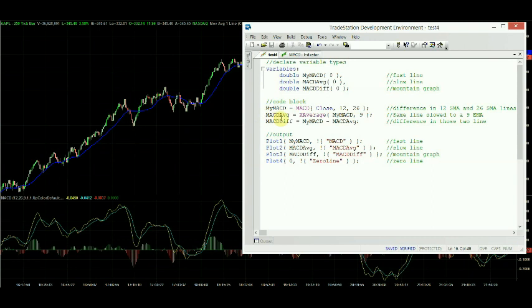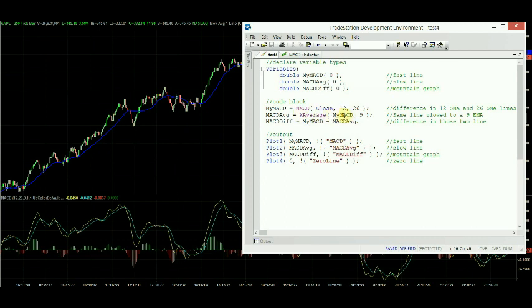The MACD average takes an exponential average, which is essentially the same thing as a simple moving average with a twist, and it doesn't really matter. It's just a little bit more reactive, and you use an X; if you didn't have the X there, it would just be a normal simple moving average, but this is an exponential average.